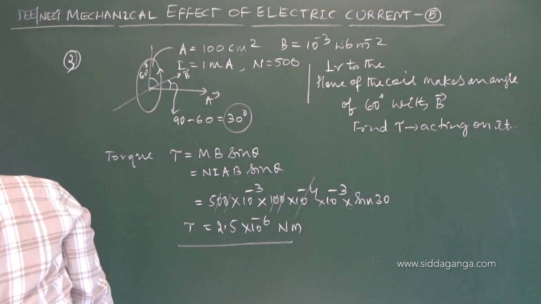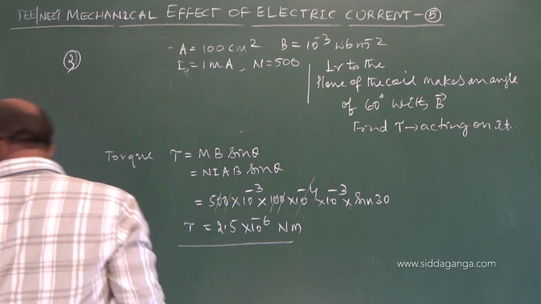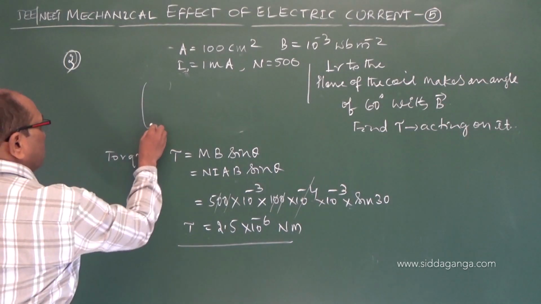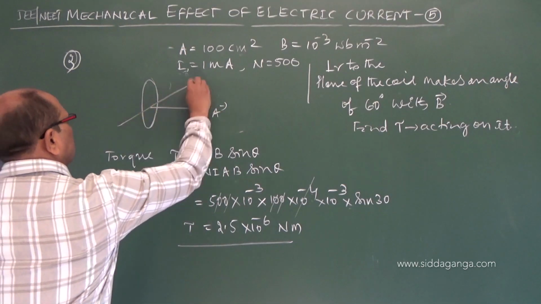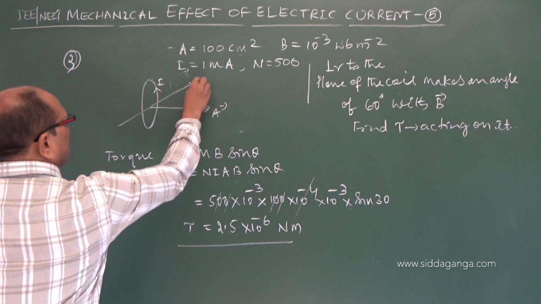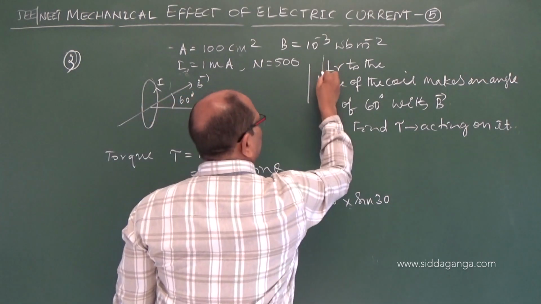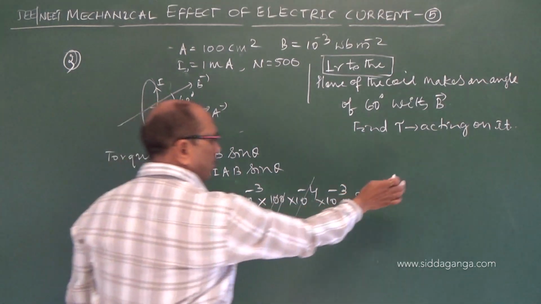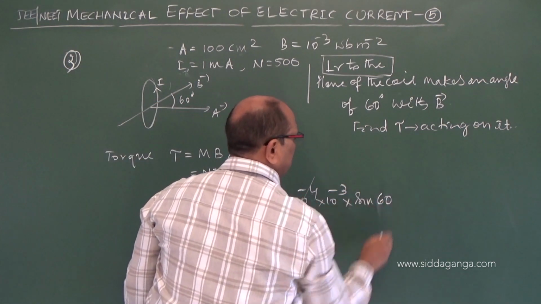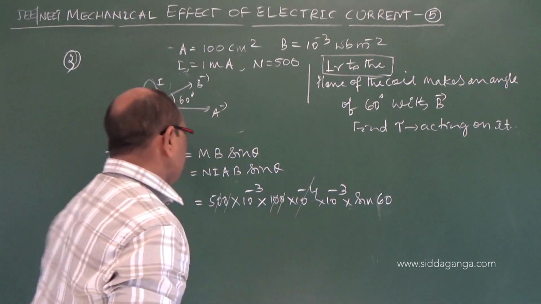That means if the plane of the coil is A and this is the direction of B, now this itself becomes 60 degree if it is taken perpendicular to the plane of the coil. In that case I have to substitute 60 here, the remaining is the same.